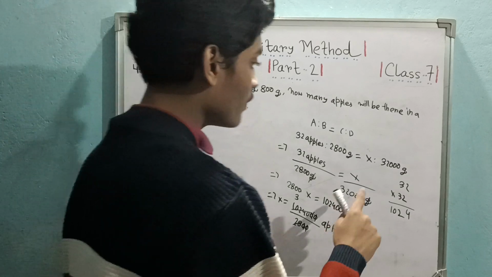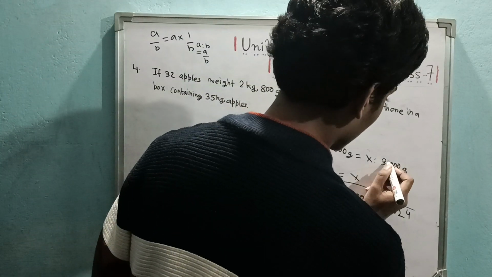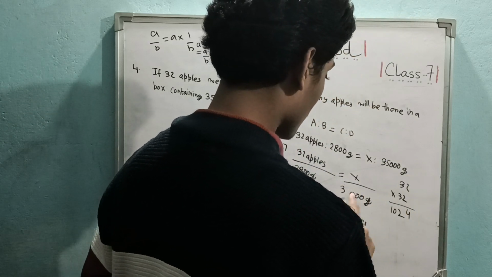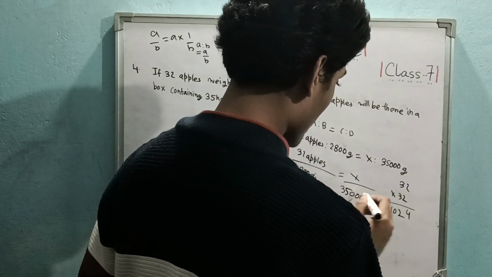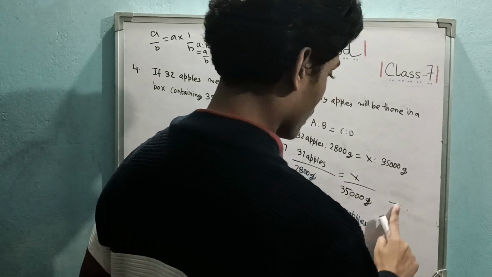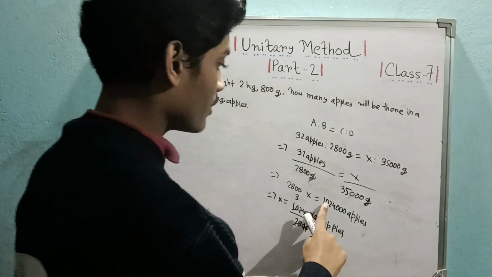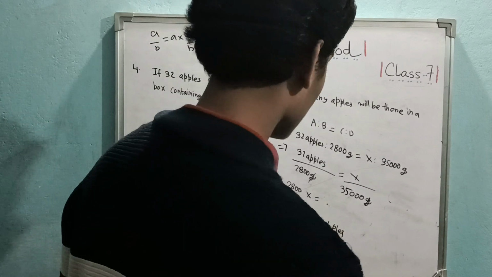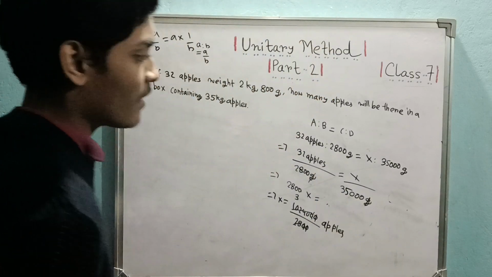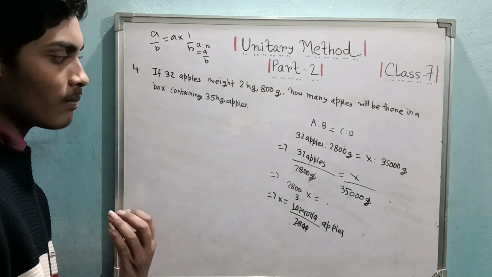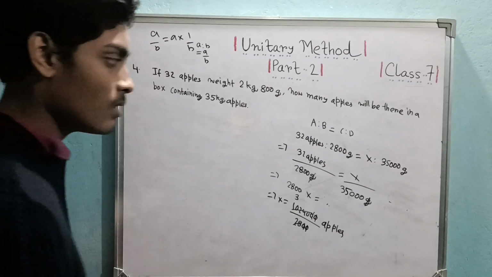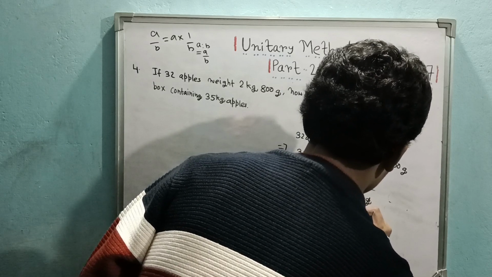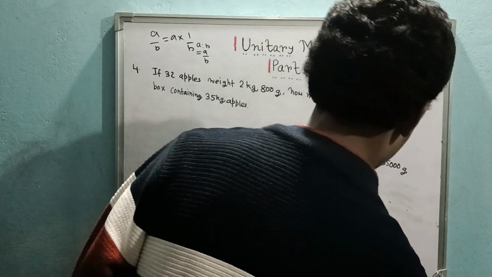So 35 kg is 35,000 gram. Wow, horribly mistaken the values. Then okay, 32 into 35 is 1120, I think. 32 3 is 960 plus 30 into 5 is 160, so 1120, and 3 zeros, one more apples.